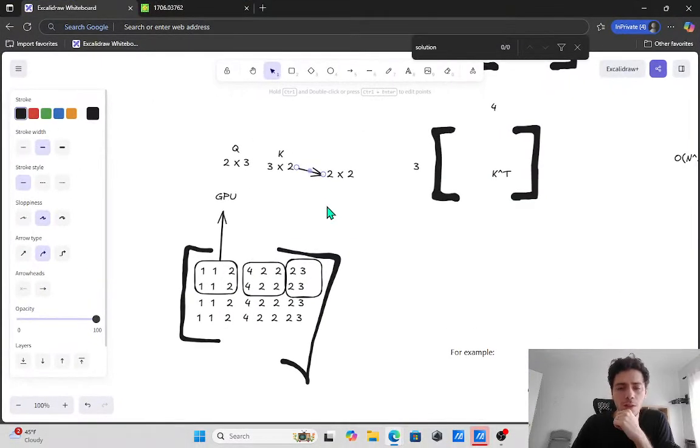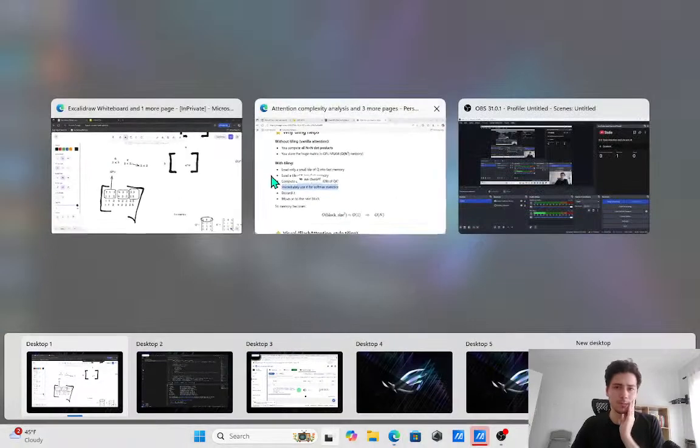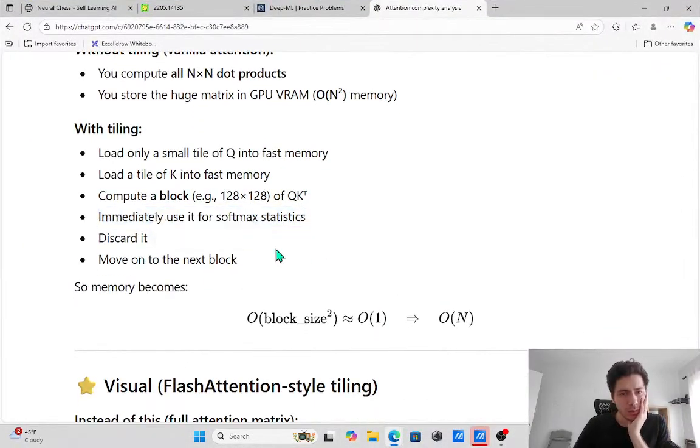I'm confused because I guess this goes to the GPU, we compute this, we get a 2 by 2 matrix, we compute softmax on that 2 by 2 matrix. What do we do with the softmax when we're done with this? Immediately use softmax, discard it. I'm assuming they meant discard the matrix we just made.